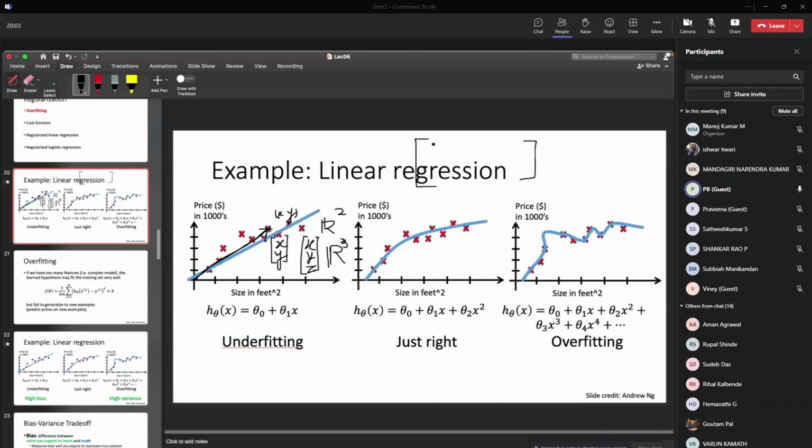Similarly, typically we see data sets as rows and columns, right? Suppose there are m rows and n columns. What does it mean? This column represents one dimension, say x1. This column represents another axis, x2. This column represents another axis, x3.